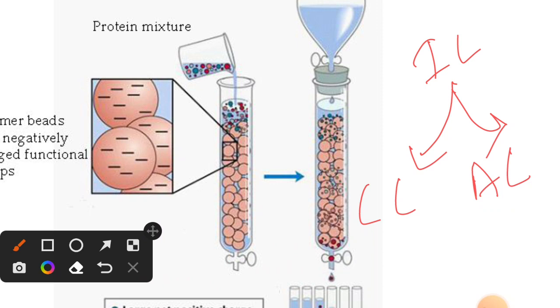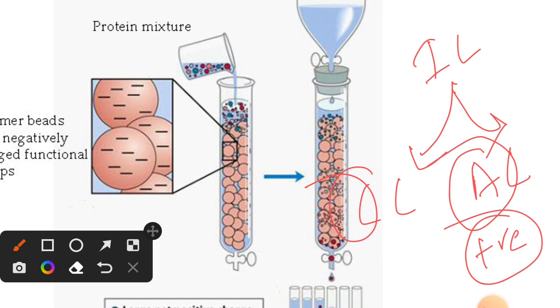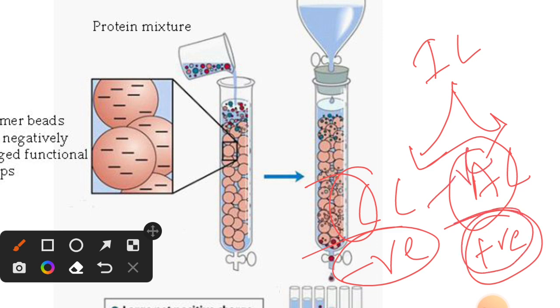Remember, as the alphabet A comes first, then C, the anion exchange chromatography will have a positively charged group, and the cation exchange chromatography will have a negatively charged group as its solid phase. So anion exchange chromatography will separate anionic compounds with the help of those positively charged groups, and cation exchange chromatography will help you separate positively charged compounds.